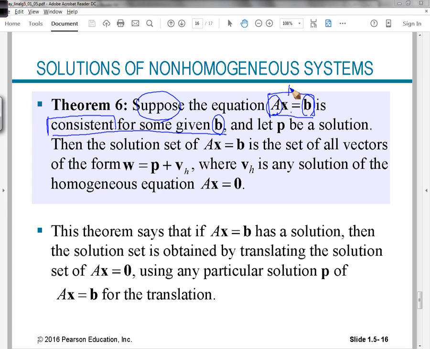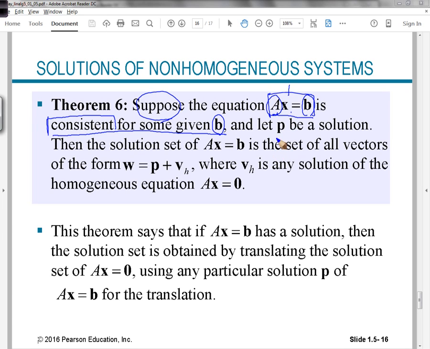That means b is within the span of the columns of matrix A. So we can represent b as a linear combination of columns of A, okay? That was the meaning of having at least one solution for this equation.